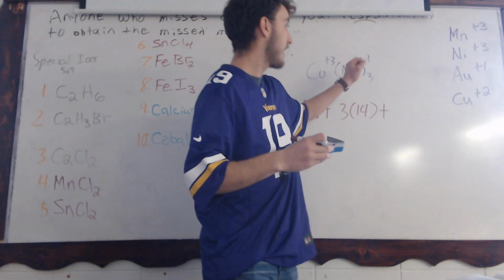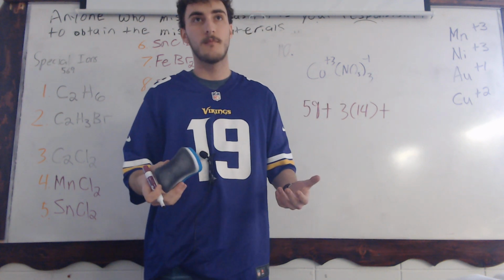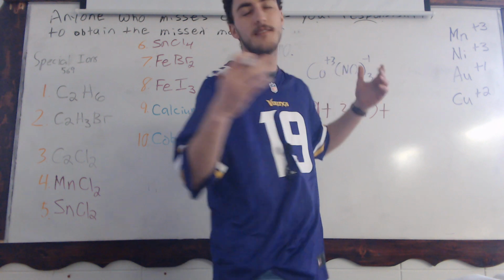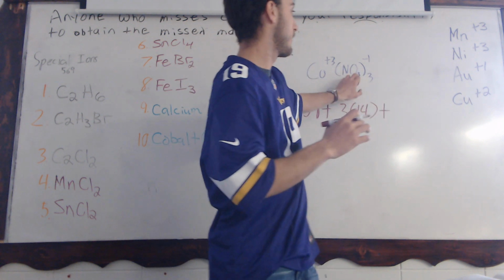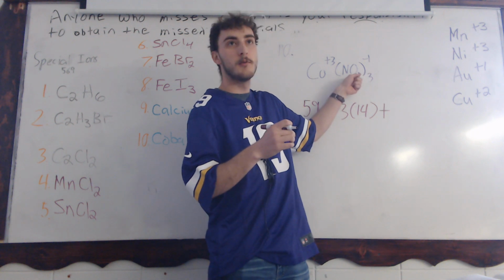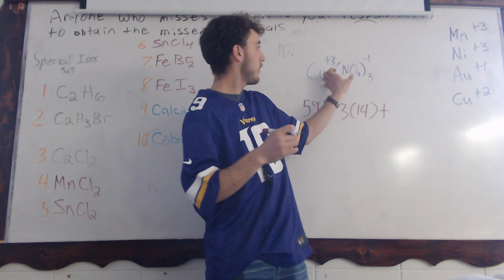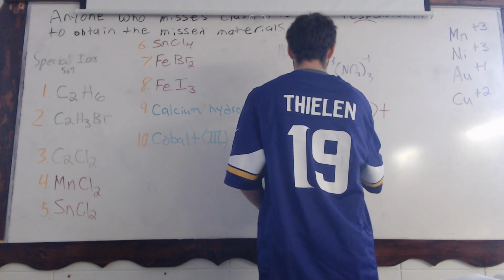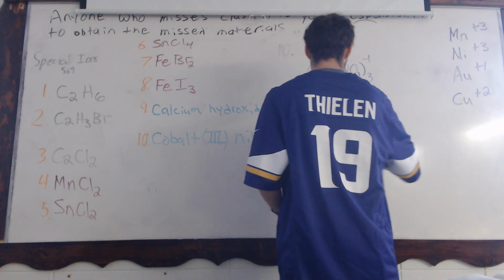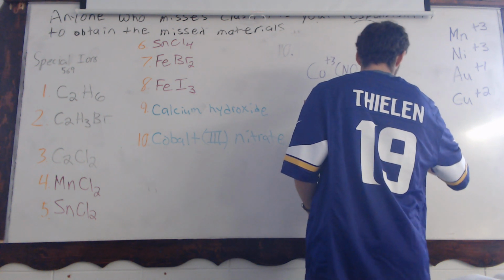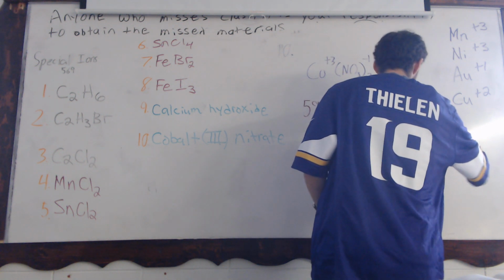Okay. Oxygen, 16, right? So we have 16. We have 3 of them for every single nitrate we have. So if you think again, we have CO plus NO3 plus NO3 plus NO3.